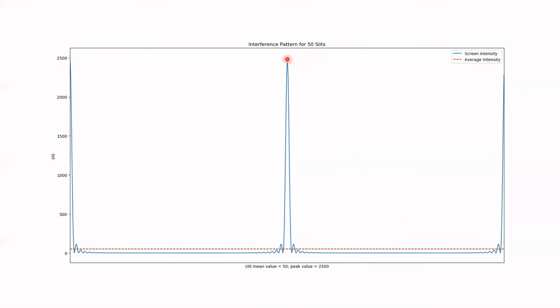You can imagine these would become so pronounced, and these secondary maxima would be so squashed down, that there would be essentially no light intensity anywhere between the primary maxima. And then you're talking about something like this. I don't see any secondary maxima between these primary maxima, the so-called bright fringes.